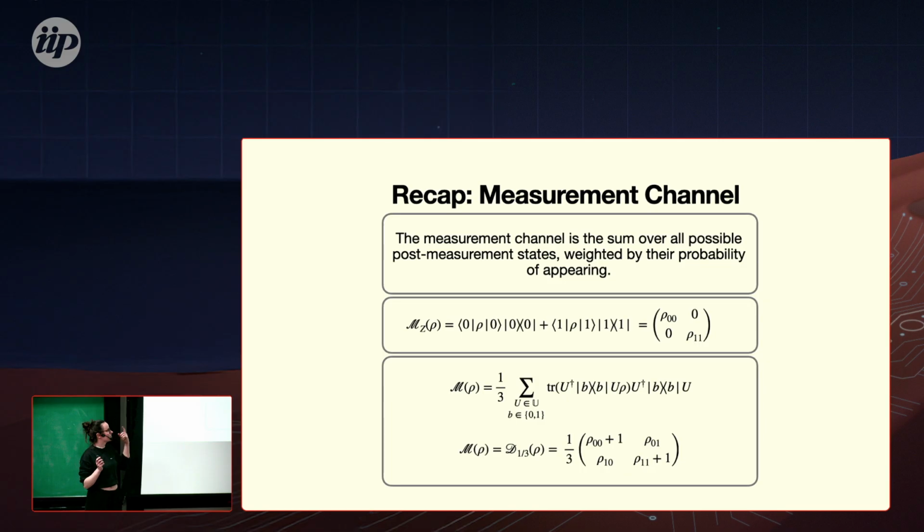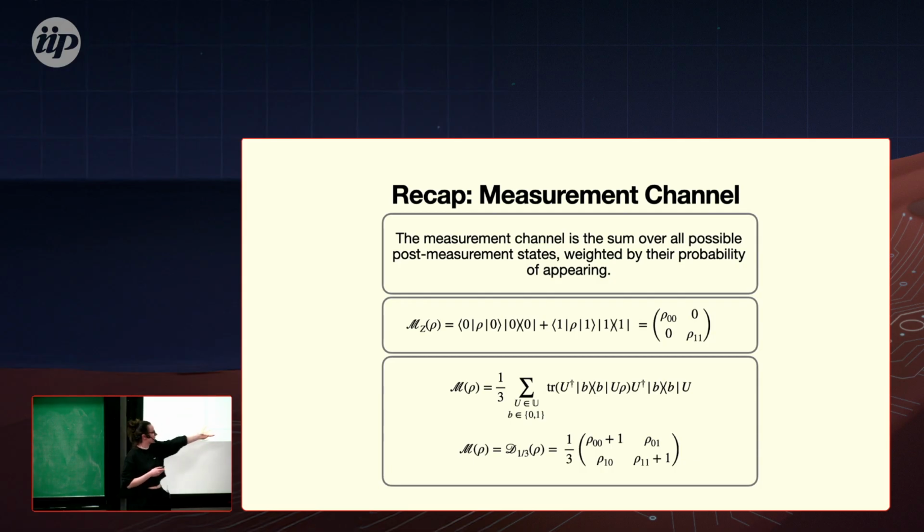Then we took together 3 projective measurement sets: projective Z, then X, and then Y. We humans have to decide that we want to measure 1/3 of the time in the Z projective measurement scheme, 1/3 of the time in the X, and 1/3 of the time in the Y. Then we get this funny sum over Born probabilities that weight their respective post-measurement state.